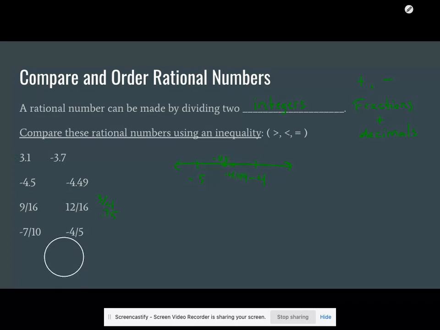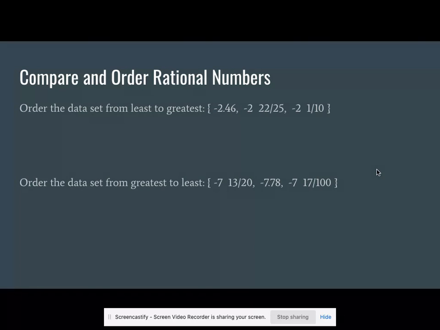All right, so going on to the next part where we actually have to order numbers from least to greatest or greatest to least. I can take a look, and I'm going to, again, make sure I read my question carefully, so I'm working for least to greatest.